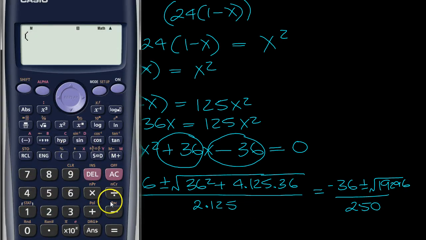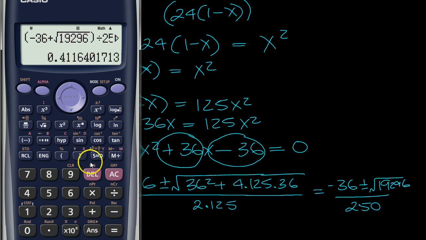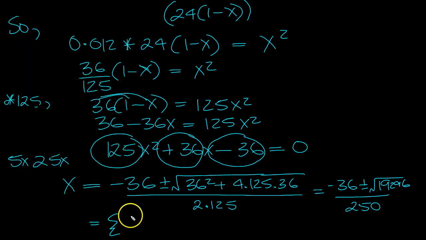So on top we got a minus 36 plus the square root of 19296. Outside the square root bracket, close that, divide it then by 250. And we get 0.412. And these are the 3 decimal places.